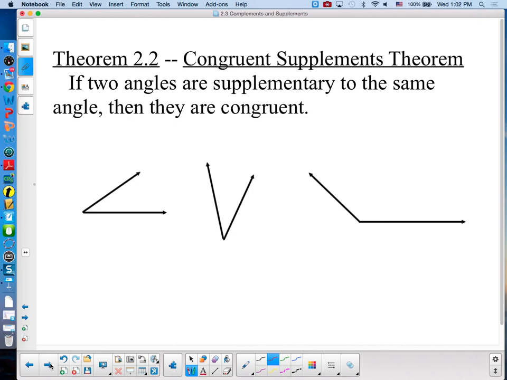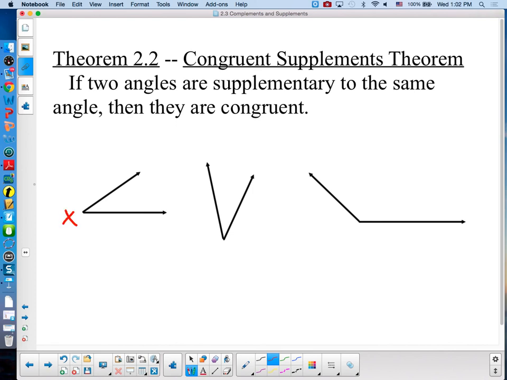If two angles are supplementary to the same angle, then they are congruent. We'll build an example again.